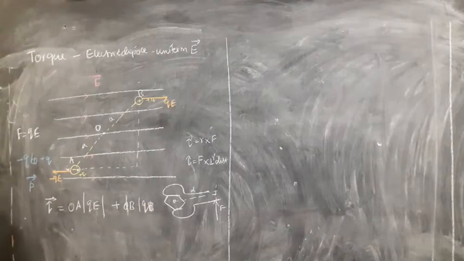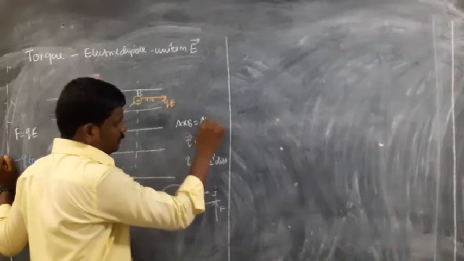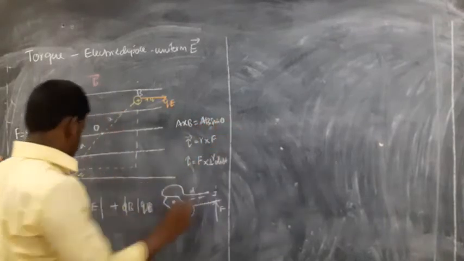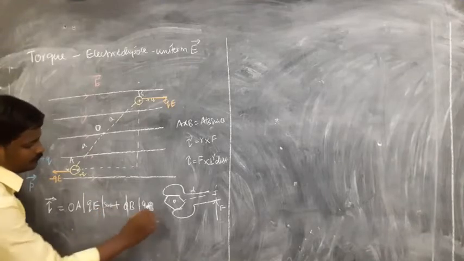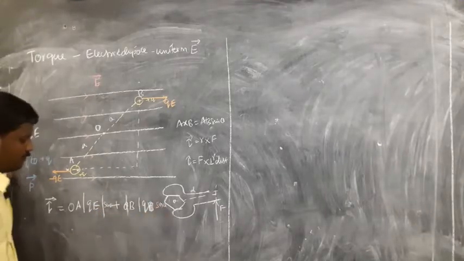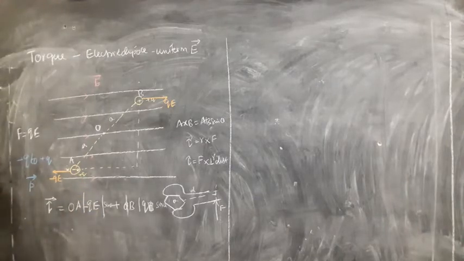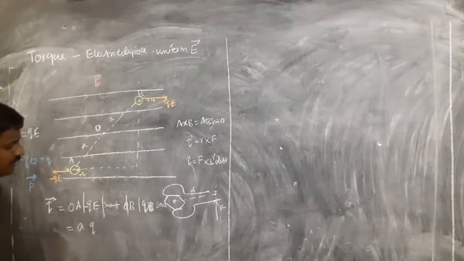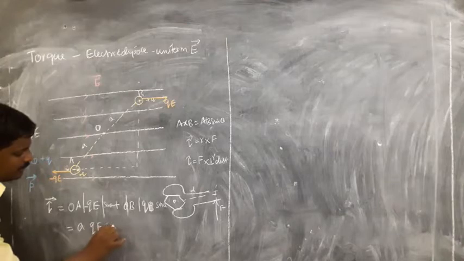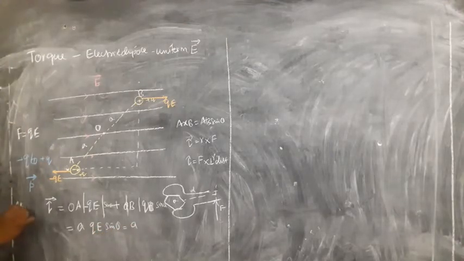A cross B equals AB sin theta. So the magnitude is qE sin theta times a. OA is equal to OB is equal to a.